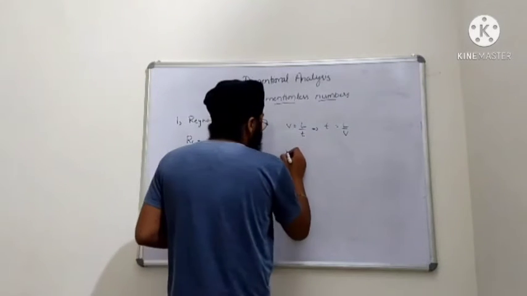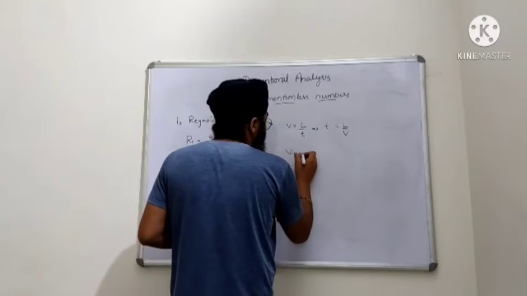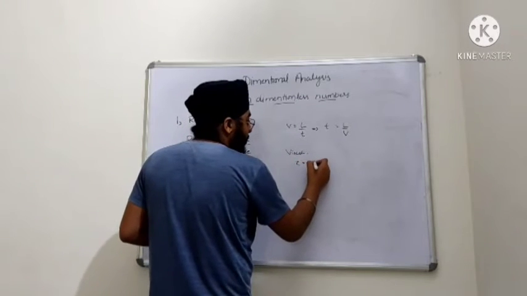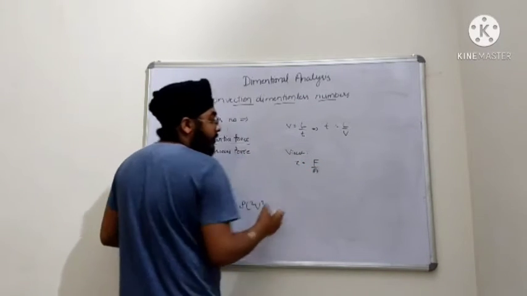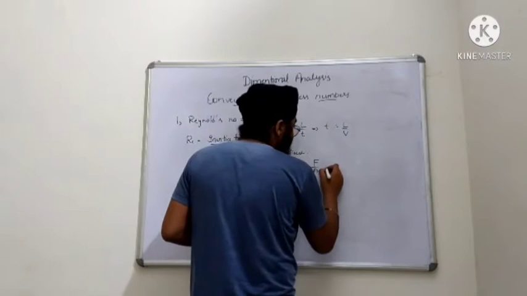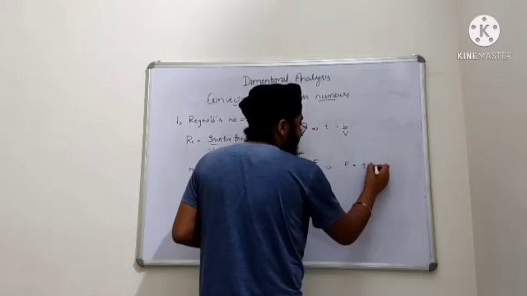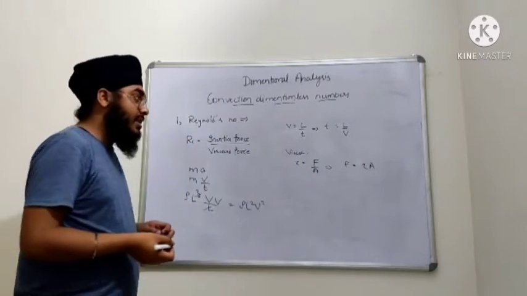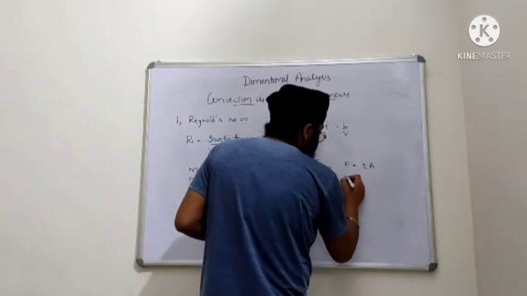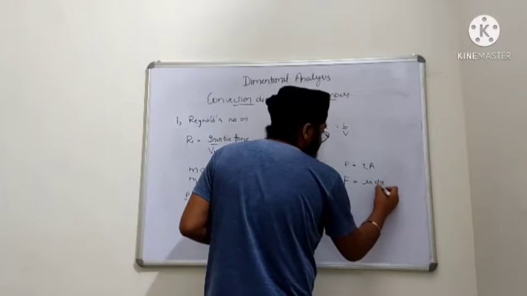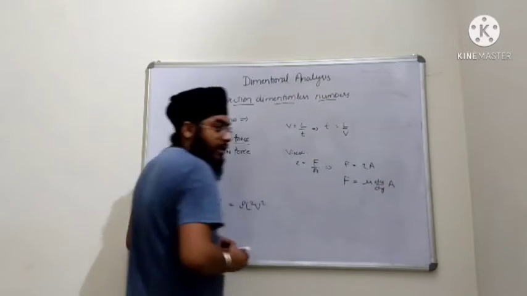Now we will be discussing viscous force. Now we know stress is equal to force upon area. From this we will get force is equal to stress into area. Comparing it with viscous stress, we will get viscous force equal to mu du by dy into area.